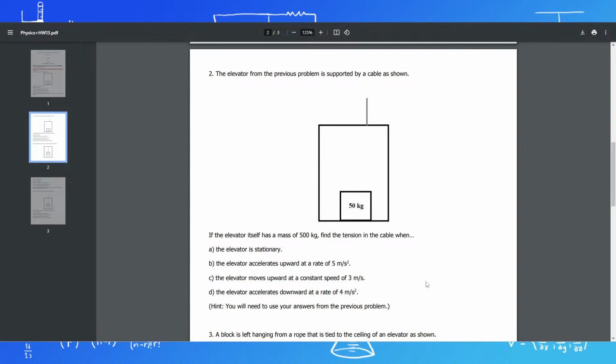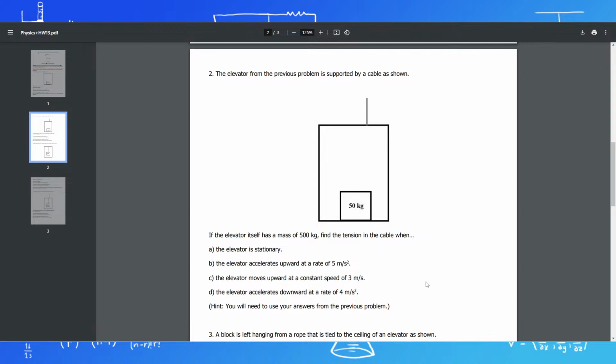So net force on the elevator is forces up minus forces down. I'm using up as the positive direction again. So force of tension minus normal force minus force of gravity, big M times G, is equal to big M times A. That's what I have.